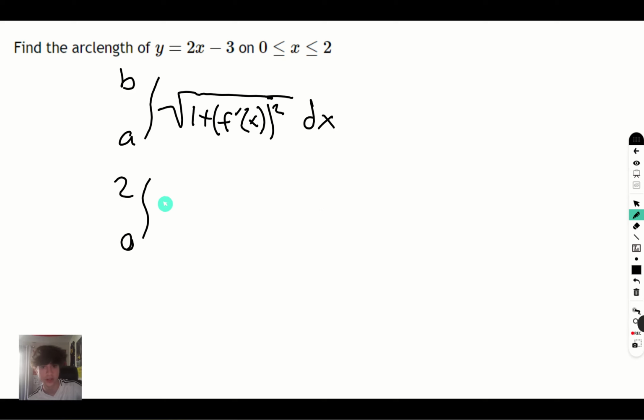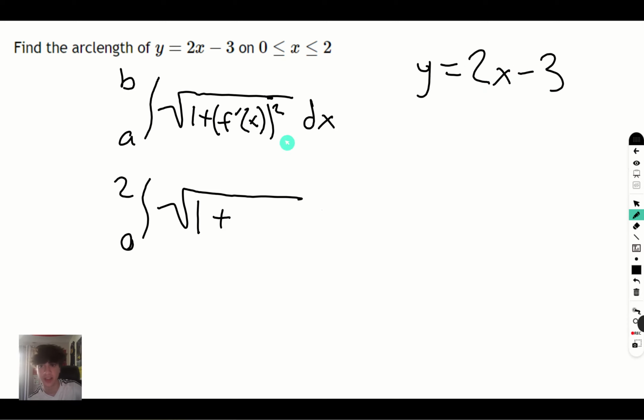From 0 to 2, square root of 1 plus, first let's find f prime of x. y equals 2x minus 3, and y and f of x are the same thing, so y prime is going to be 2. 2 squared gives you 4 dx.